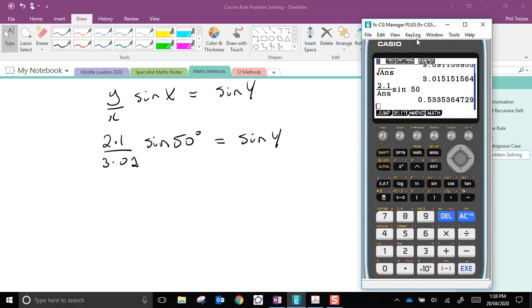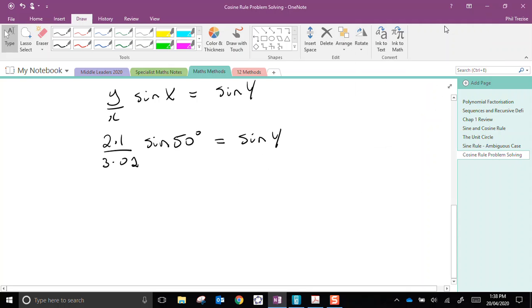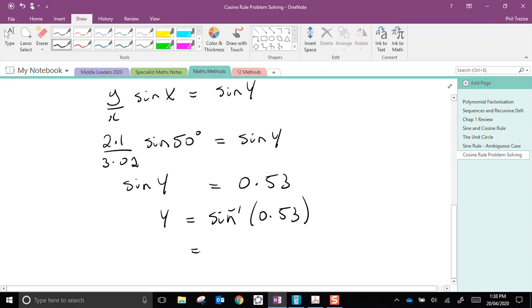0.53, if I just write down 2 decimals. So the sine of y equals 0.53. y therefore will be the inverse sine of 0.53.